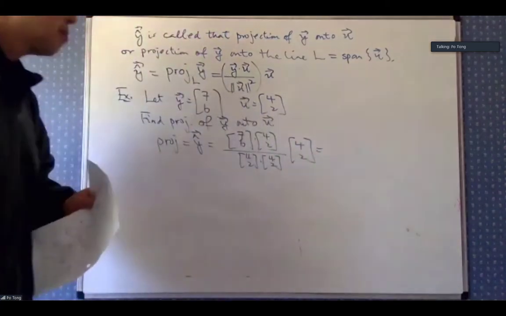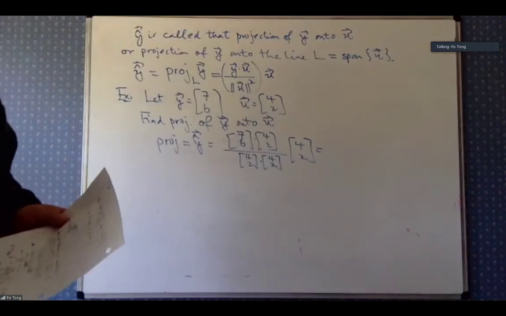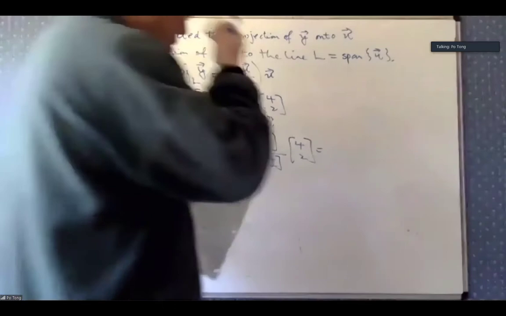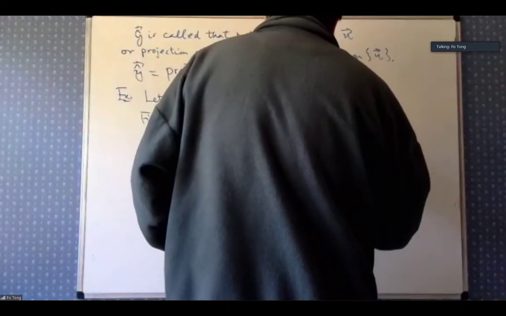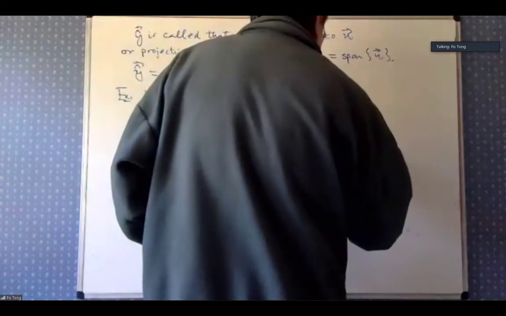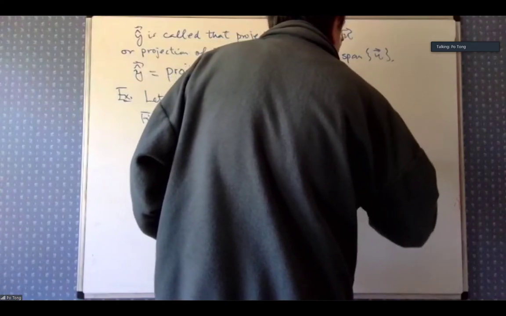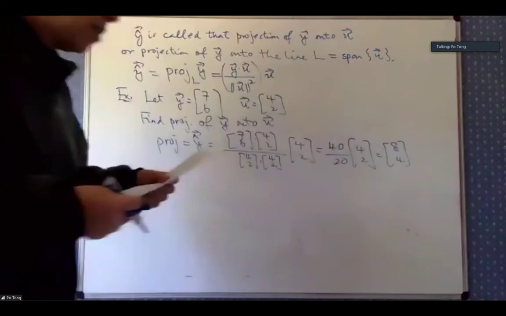So what is this? 7 times 4 is 28, 28 plus 12 is 40, divided by 20, times 4, 2, equals 8, 4. I assume I did it right.